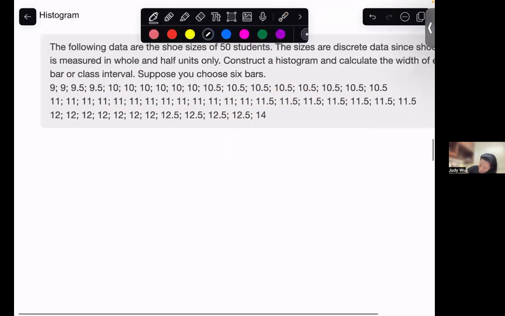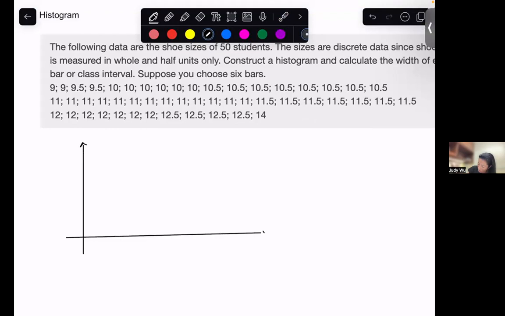All right, so let's go ahead and draw our axes here. Unlike bar graphs, in the histogram, our bars should actually touch, okay? Our bins should actually touch.